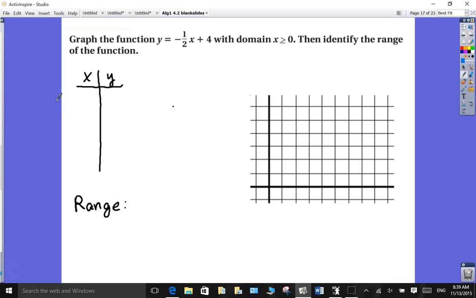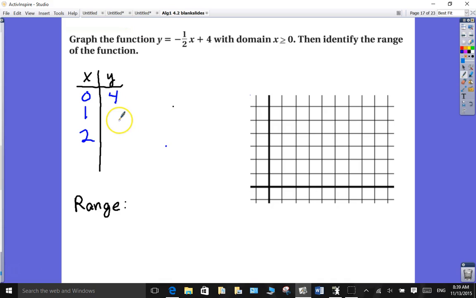So let's pick 0, 1, and 2, just to shorten this up. Plug these in to calculate the y's. When x is 0, y is 4.